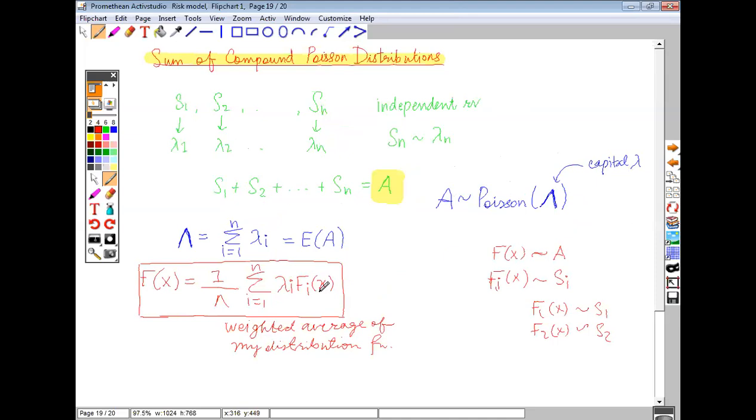My F of X is this. So if I were to write my small f of X using this, what will I get? The differentiation of this. It would simply be the summation i going from 1 to n of lambda i's, because this is all just a constant, and if you differentiate this, you will get f_i of X. So this is what I'm going to use now.